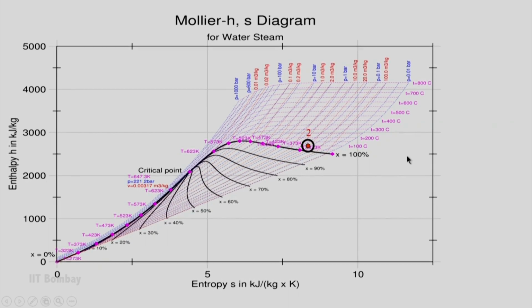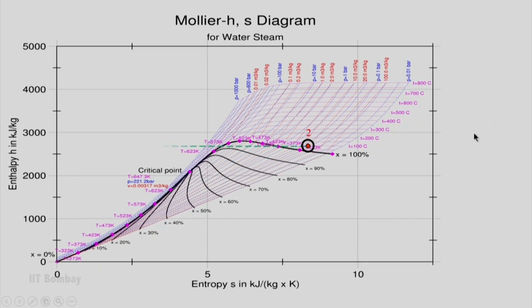So this is state 2, and I know that the process from state 1 to state 2 is an isenthalpic process, and the y axis being the enthalpy axis, I can just draw a horizontal line passing through this point 2, and on this line somewhere the point 1 would lie. That is what I know.